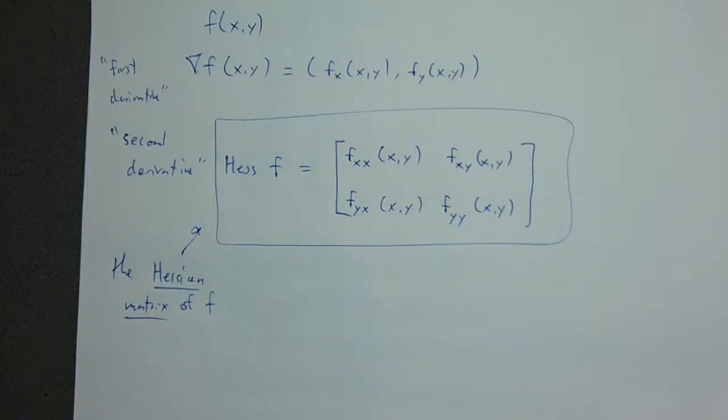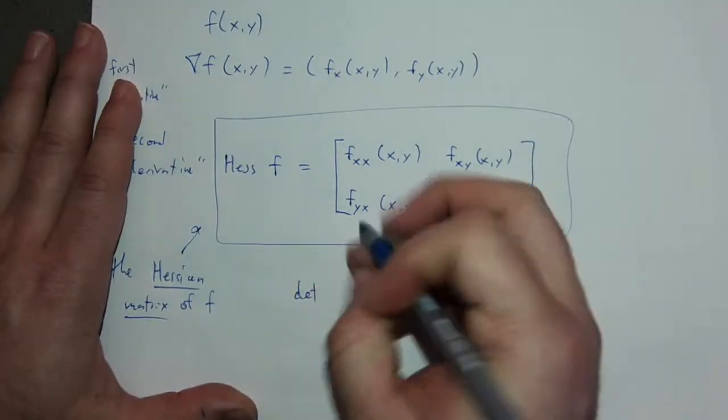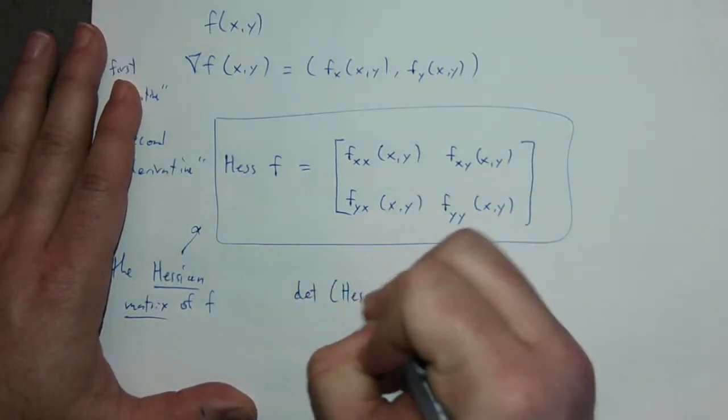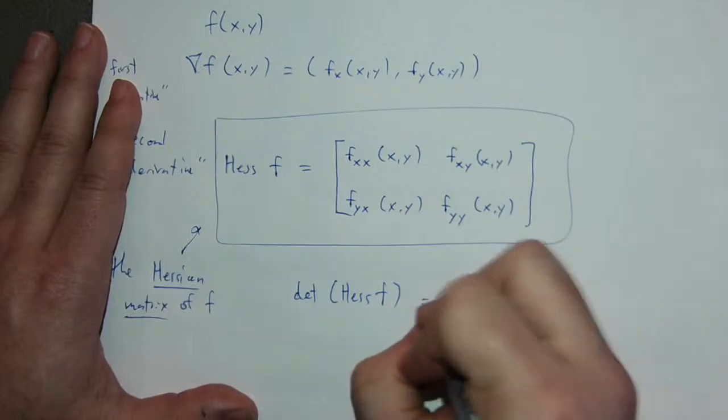When I have a matrix, I immediately have questions about it, many of which can be answered by a single computation, and the computation in question is taking the determinant. What is the determinant of the Hessian matrix of f?